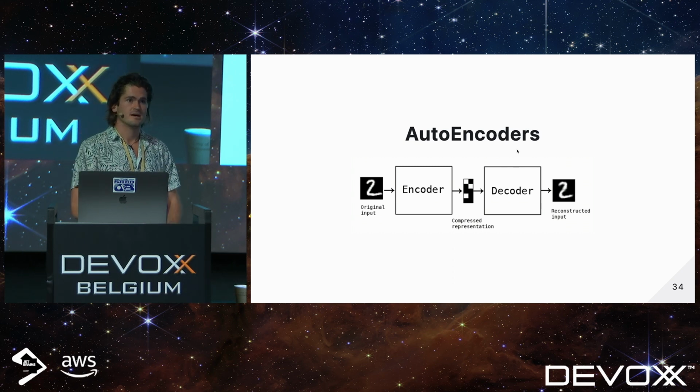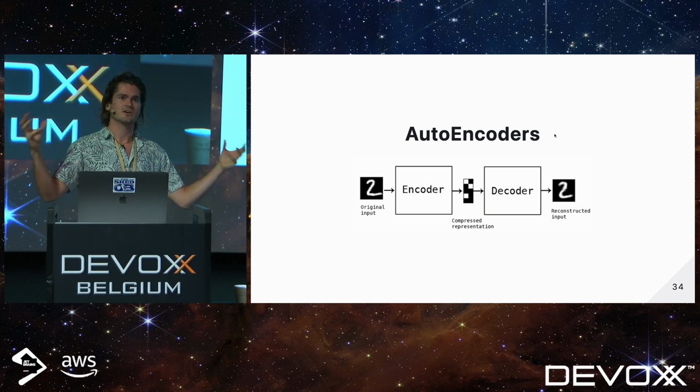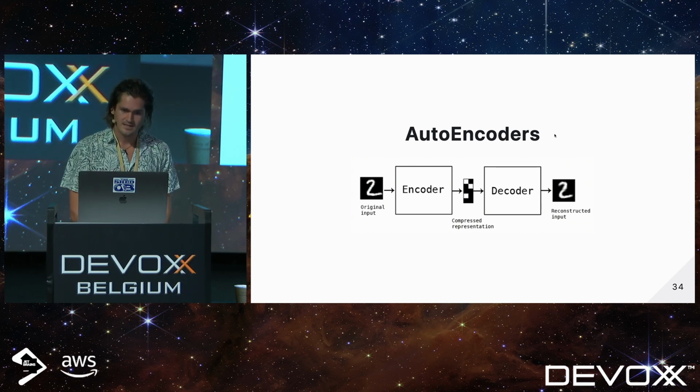The input images, at least in this case, are 32 by 32, I believe, or maybe 26 by 26, I can't remember. But the latent representation here is only like 10 numbers. So you can see this is a very compressed representation, 32 squared down to about 10 numbers.